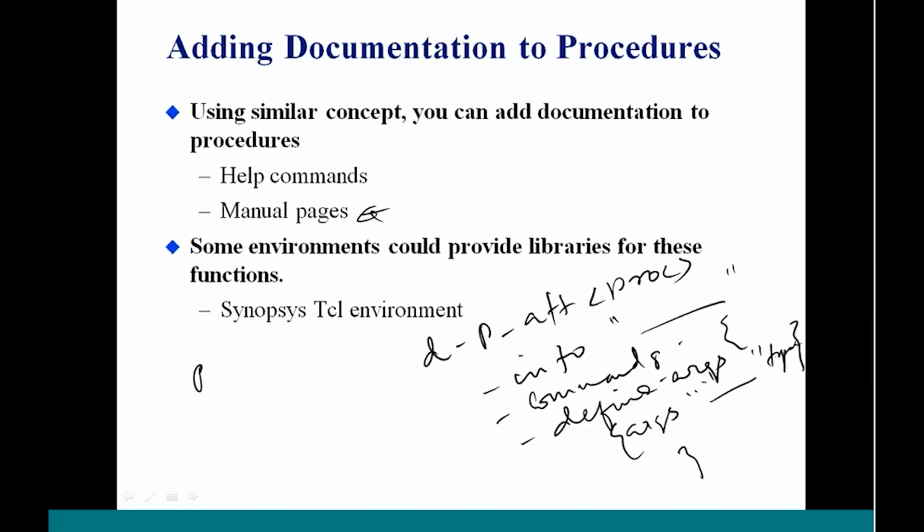Usually you write the procedure with the body, and at the end you add the procedure attributes. Once you have the attributes, the Tcl interpreter can take the whole thing and parse it, and if you call the procedure with -help, it will display the help information from the defined proc attributes. So I think this is another key learning point.